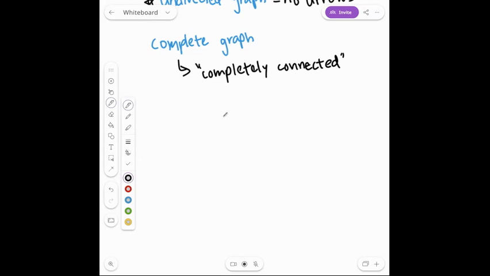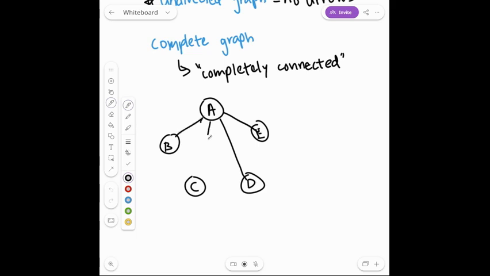For example, a complete graph with 5 vertices would look like this, where you can see that every vertex is connected to all of the other vertices.